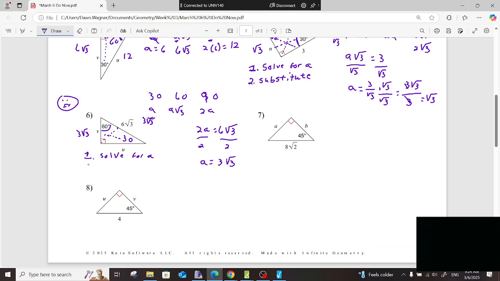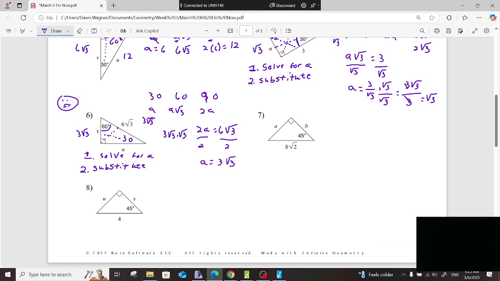Okay, now I need to do number 2. I'm going to substitute to find the other missing one. And so what am I missing? I'm missing across from the 60. So if 60 is a square root 3, and a is 3 square root 3, I'm going to do 3 square root 3 times square root 3.